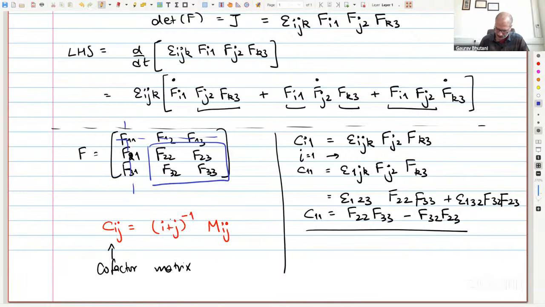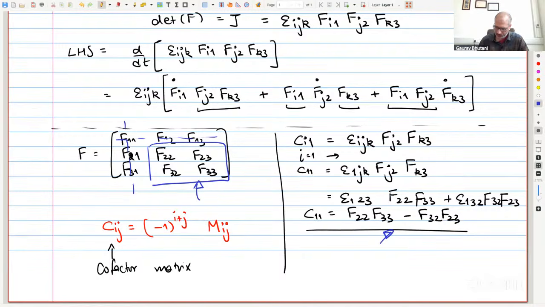Oh, I'm sorry, this is minus 1 to the power I plus j. Excuse me for that. So we have minus 1 to the power 1 plus 1, which is 2. So that's minus 1 to the power 2 is 1. So basically, this is simply the determinant of this matrix, which is what we have got here. F22 times F33 minus F32 times F23.